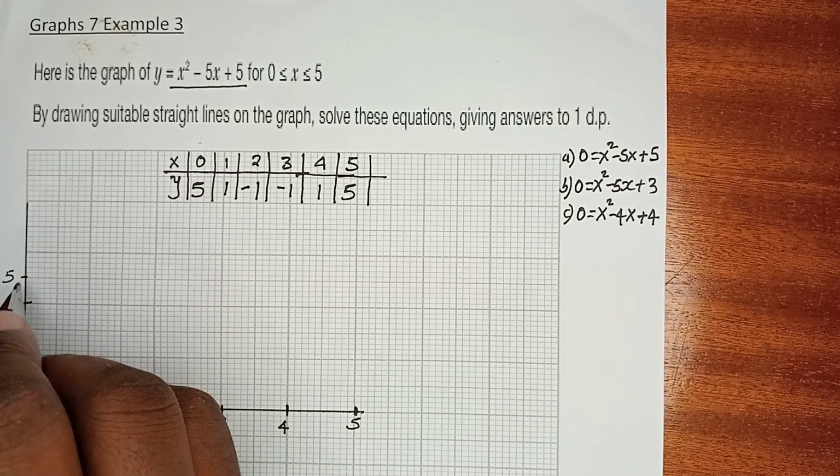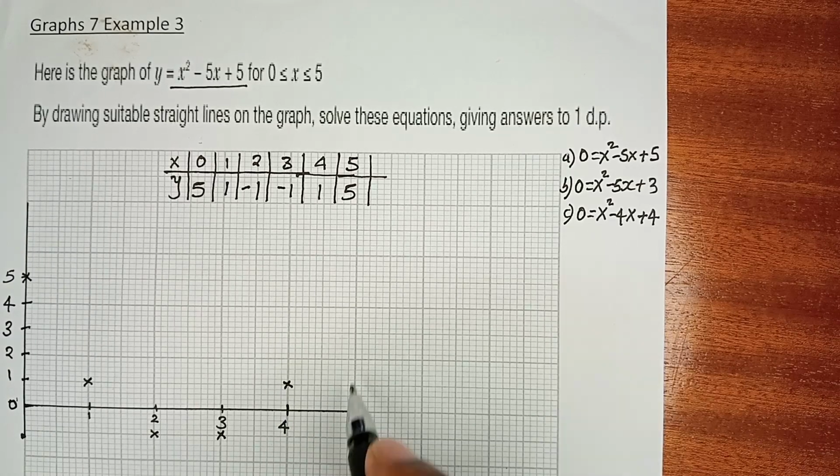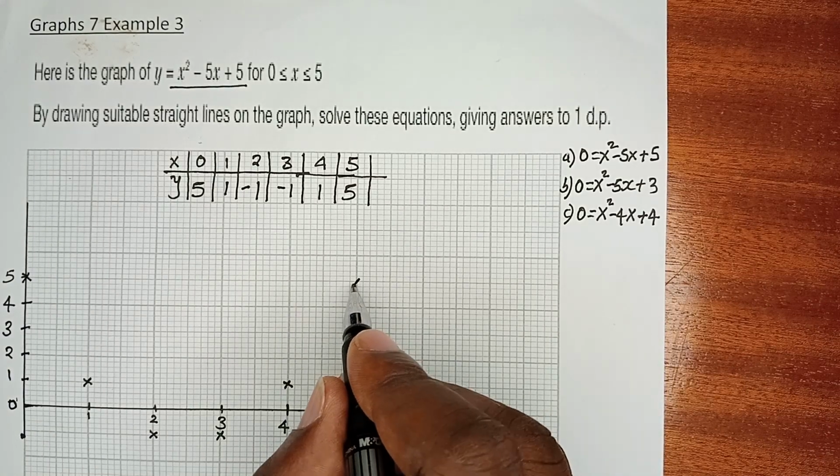When x is 0, y is 5. When x is 1, y is 1. When x is 2, y is negative 1. When x is 3, y is negative 1. When x is 4, y is 1. When x is 5, y is 5.